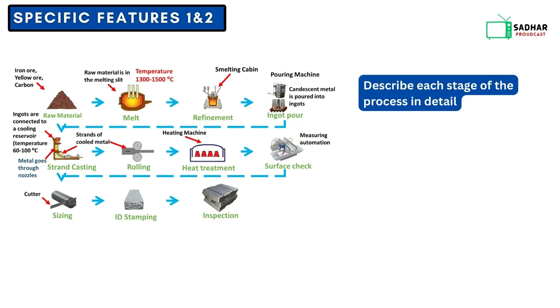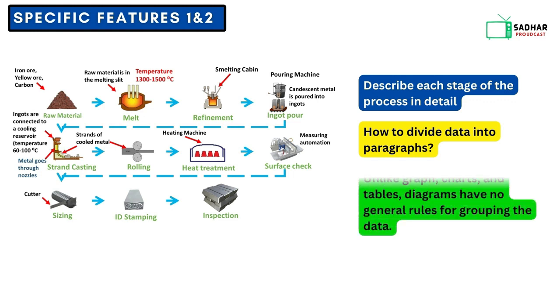So for specific features 1 and 2, describe each stage of the process in detail. So how to divide data into paragraphs? Unlike graph charts and tables, diagrams have no general rules for grouping the data.